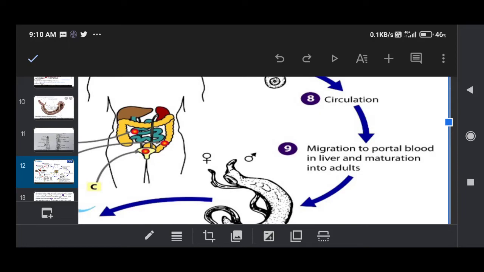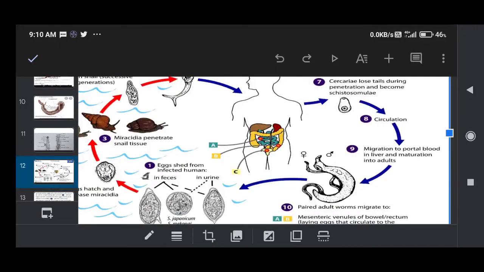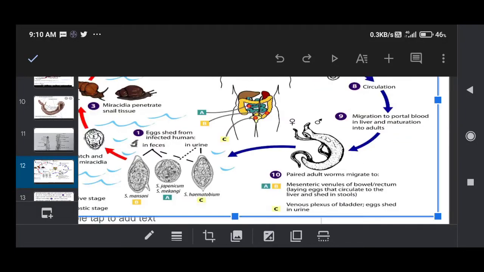Finally it reaches the pelvic blood vessels. Whenever it reaches the pelvic blood vessels, it is fully developed.